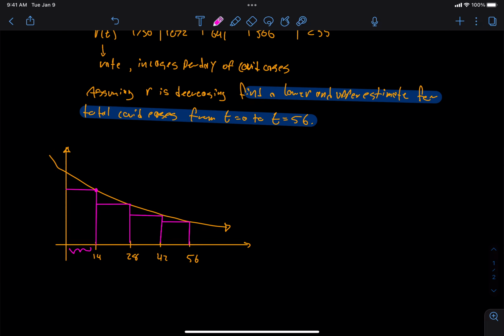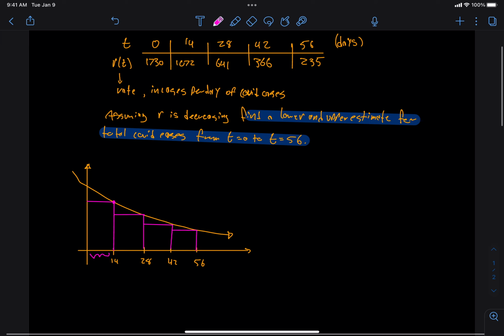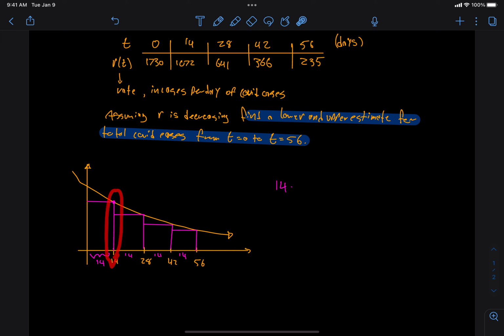And then we just have to determine the areas of these rectangles. Well, we know that each rectangle is 14 units wide. So I can represent the area of these 4 rectangles as 14 times the height of the function on the right side of the first subinterval, which is f of 14.